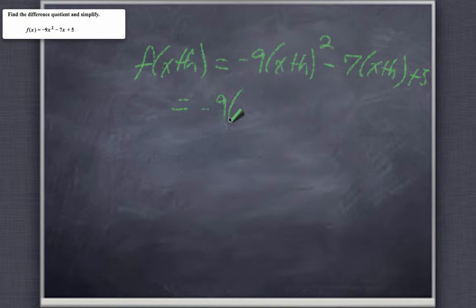So that's minus 9 times, I'm going to go ahead and square this, so I'm foiling x squared plus xh plus xh plus h squared, minus 7x minus 7h plus 5.